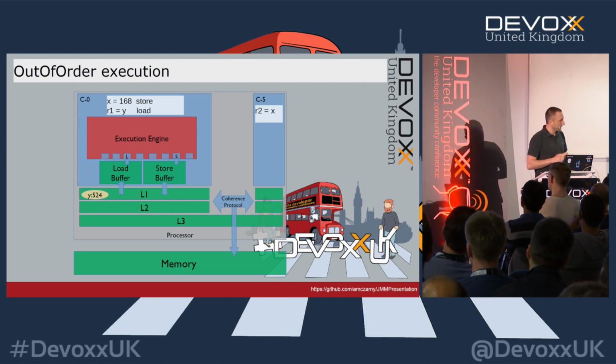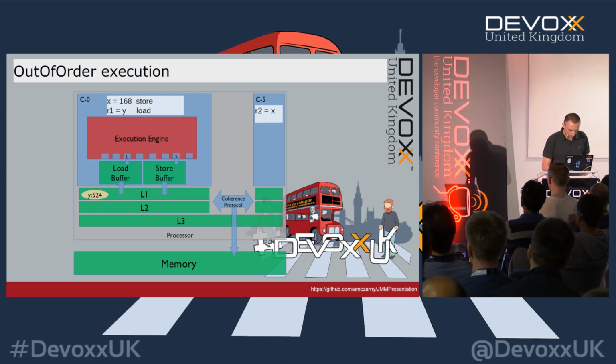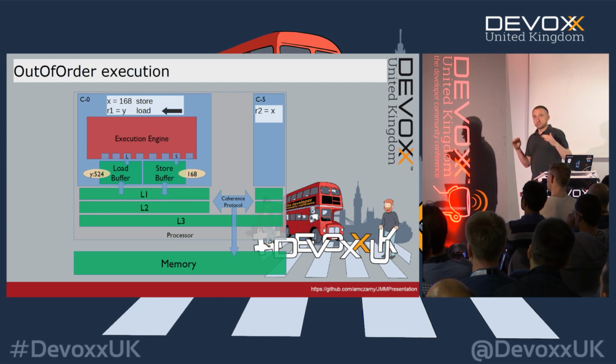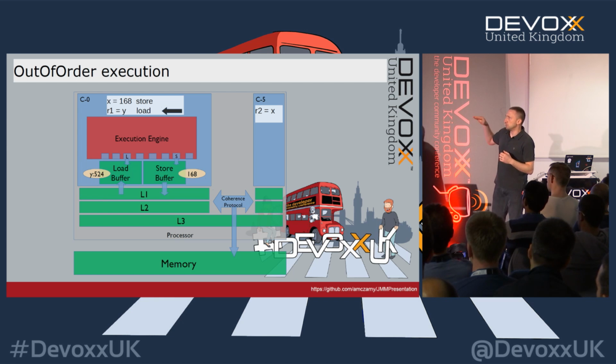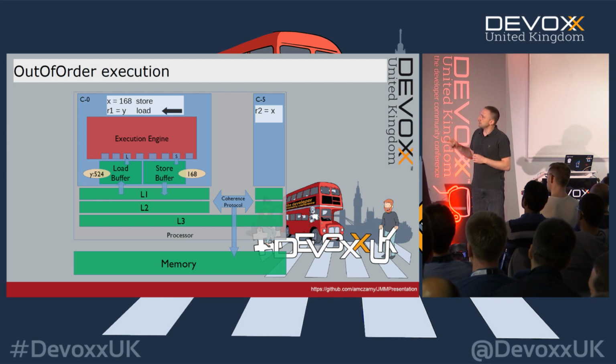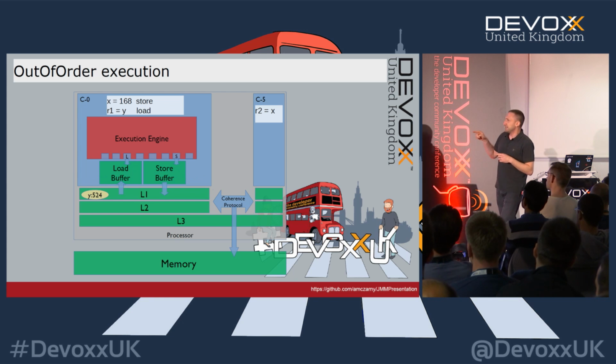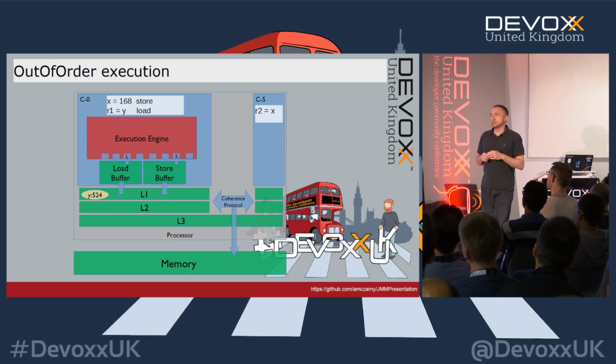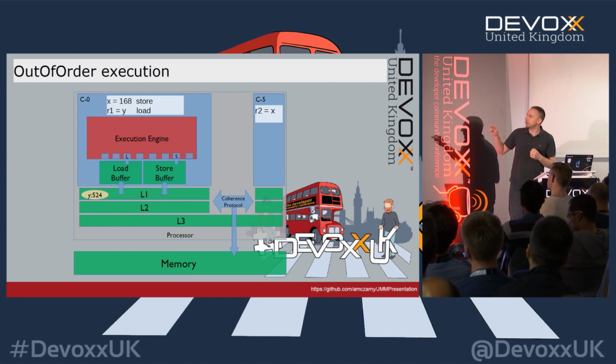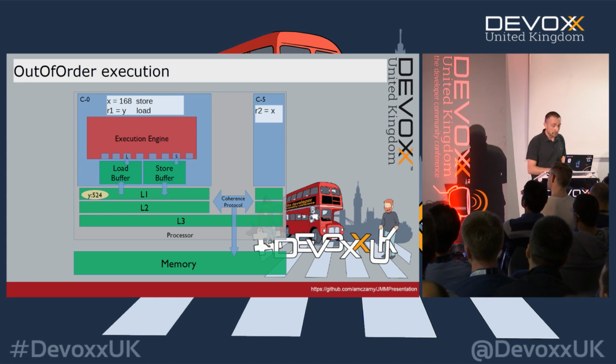So if we try to execute our code, we'll end up with something like this. It will partially start executing the store. It will put it in the store buffer. And as you've seen on the previous picture, we are quite lucky that the value for y is already in our L1 cache, so we will not have a cache miss. We don't have to go directly to memory or to the L2 or L3 cache.